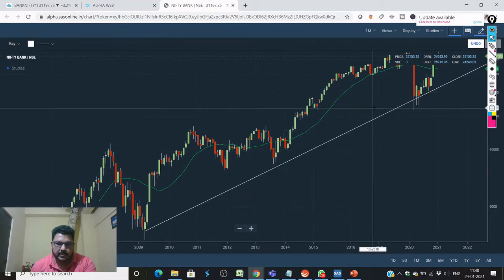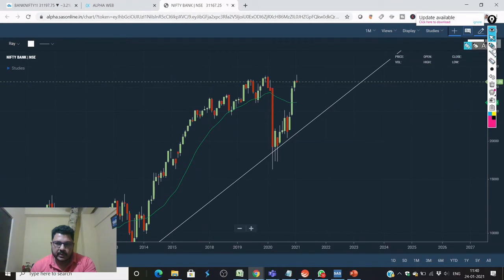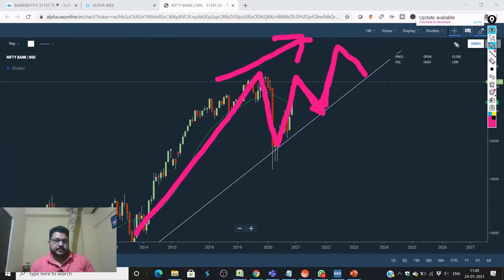The market was in an uptrend and it's still in an uptrend. You can further expect the market to come down to this level and then form a new high because it is trending. It is going up, taking retracement, going up, taking retracement, going up. So there is always a higher high and higher low. So this is an uptrend, you can see.